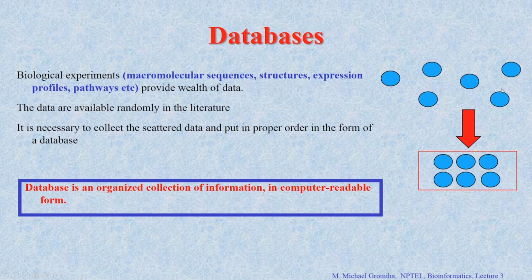Those who want to do the analysis have to collect the data, so it is time consuming and everyone has to do that, right. If you have a database with the collection of data in one place, then it is easy to extract the data and use it for analysis or the development of any servers.